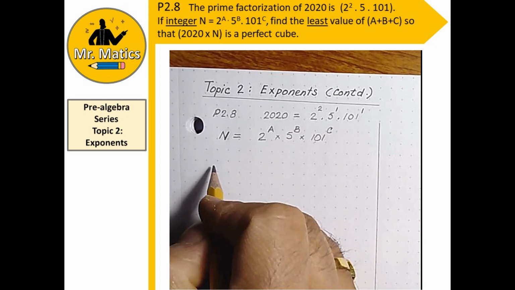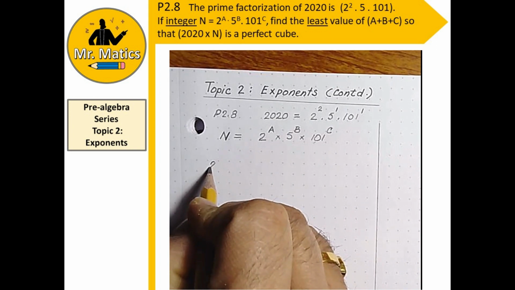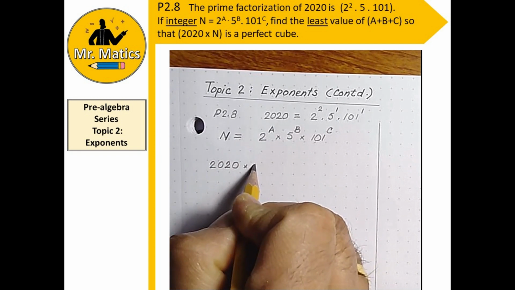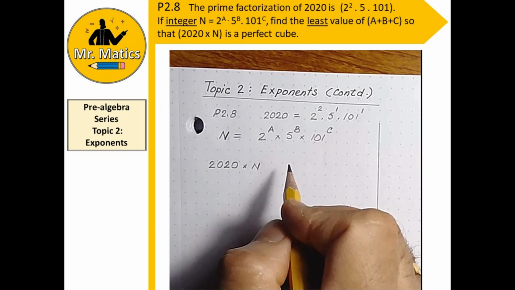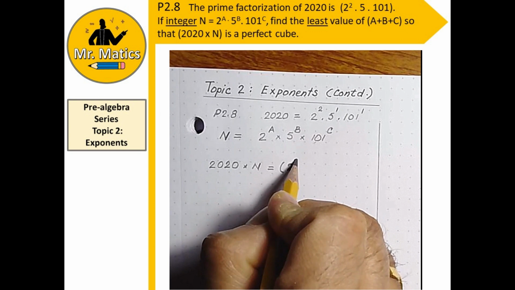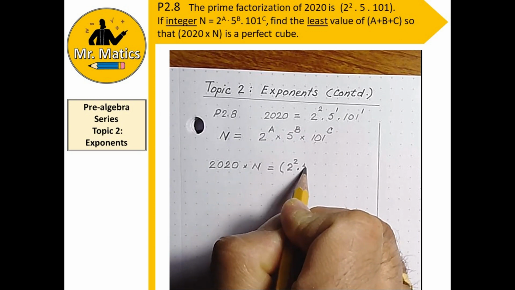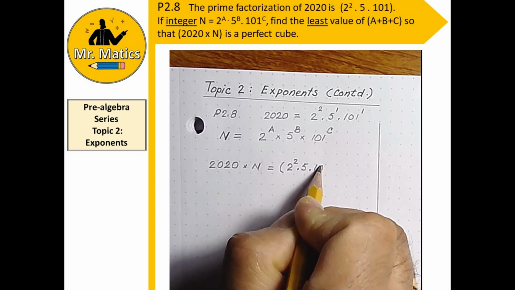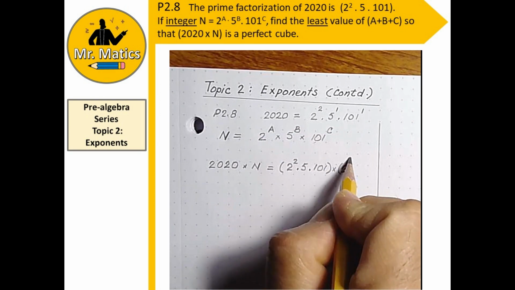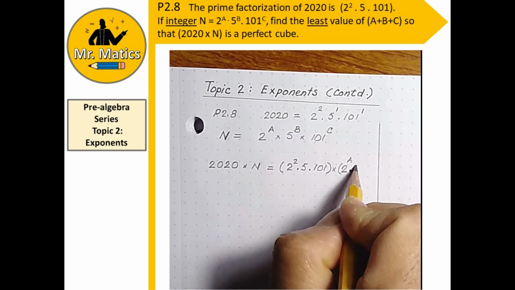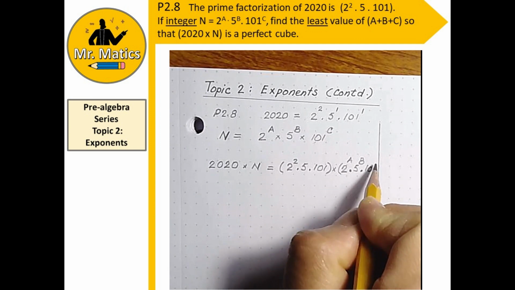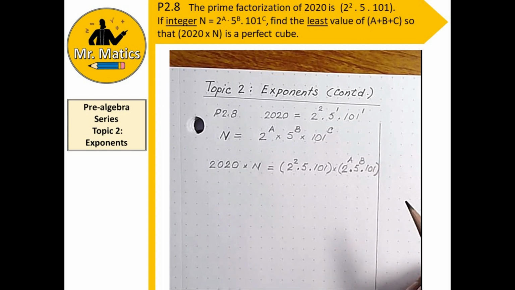So the number 2020 times n will have 2 power 2 times 5 times 101 multiplied by 2 power a times 5 power b times 101 power c.